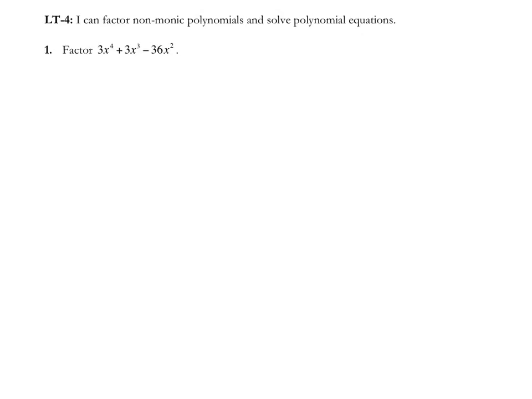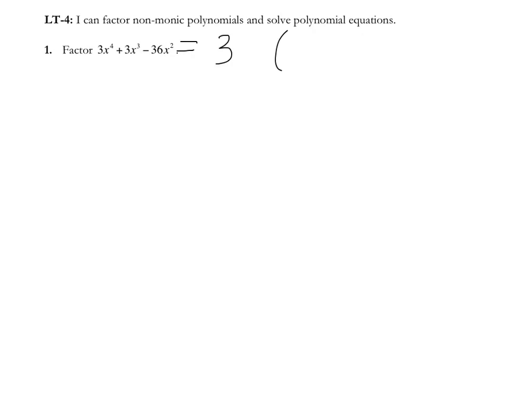of the terms? So first, let's think about the number parts. So here we have a 3, and a negative 36. So the number 3 would be a factor of all three of those. So we can definitely pull a 3 out from all three of these terms.